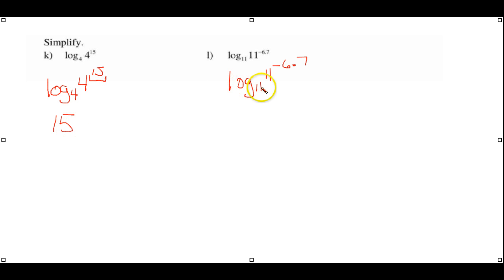And here we have log base 11 of 11, and this is the exponent. This part here is a 1, and it's just this exponent part as the answer. Now if you look in your textbook, they do give a rationale, a reasoning for this, but the shortcut is when you see this arrangement, it's just the exponent as the answer, because this part is 1.